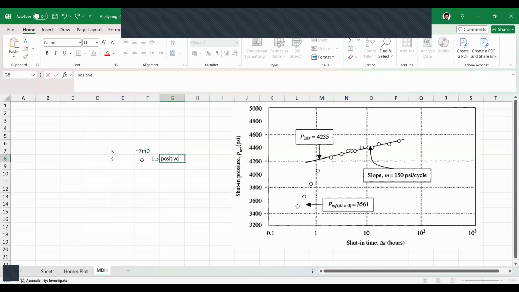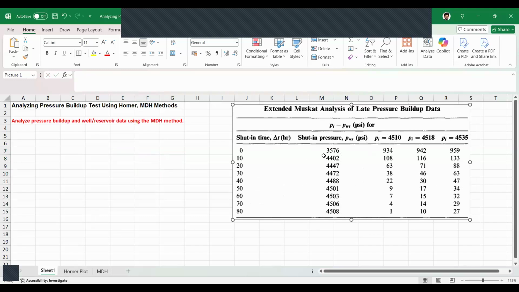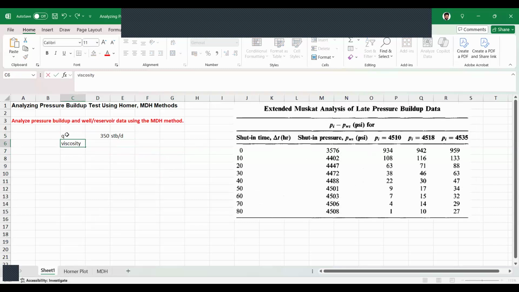So this can be a good exercise for you if you can just try to solve. The data is given to you here, delta T and PWS. Other parameters that you want, I can give you. Apart from this, Q will be 350 STB per day. Viscosity of oil will be 0.8 centipoise.